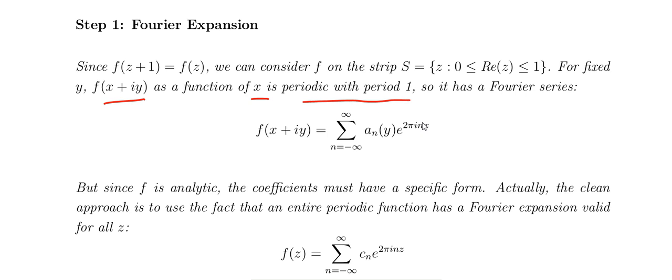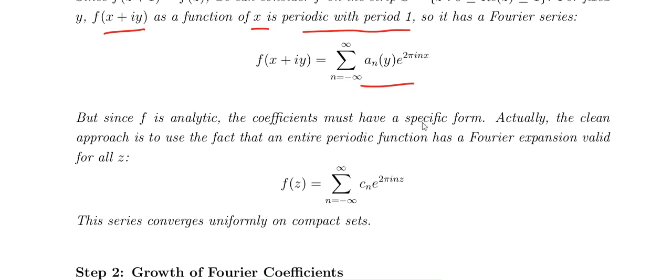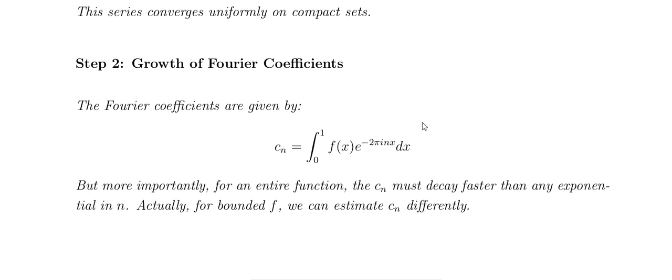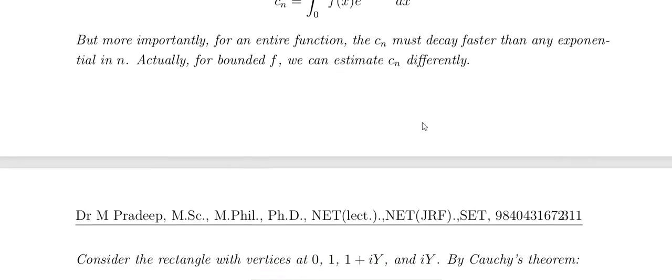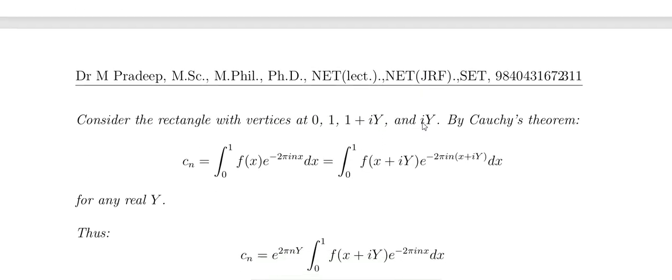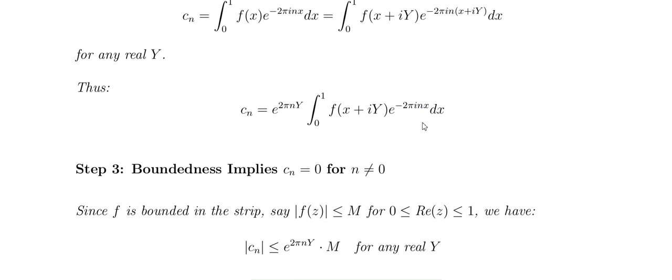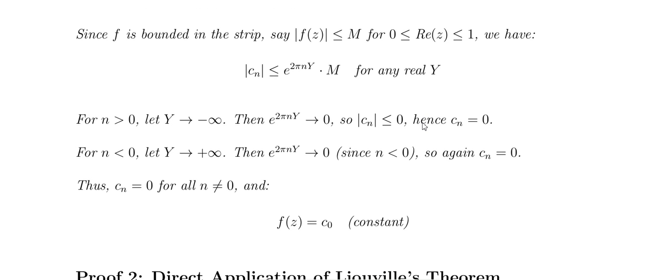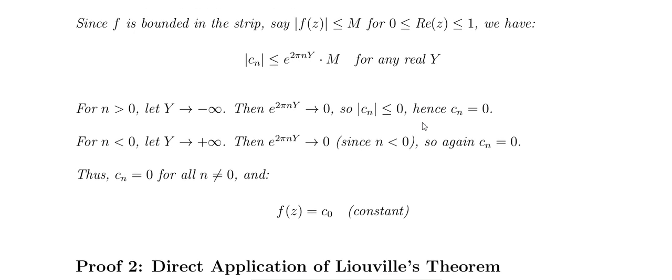So the Fourier series is f(x+iy) equal to the series like that. So the modulus of Cn is bounded by |f(z)|. f is bounded on the strip, so that is less than or equal to M, for the real part of z less than or equal to 1.